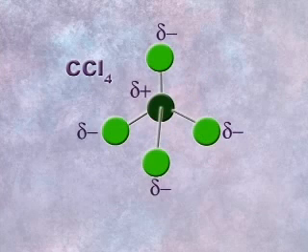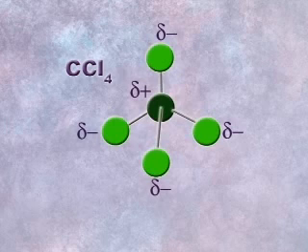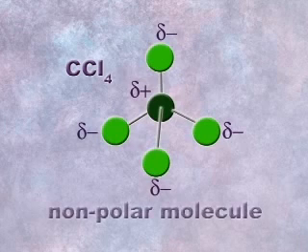If you look at carbon tetrachloride, you see that the negative charges surround the positive charge. There is no way to divide this molecule into a positive half and a negative half. So, even though it contains polar bonds, the molecule is nonpolar.